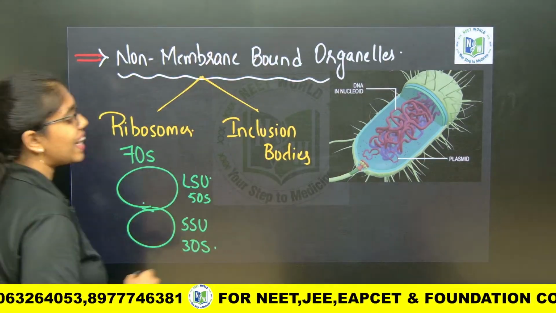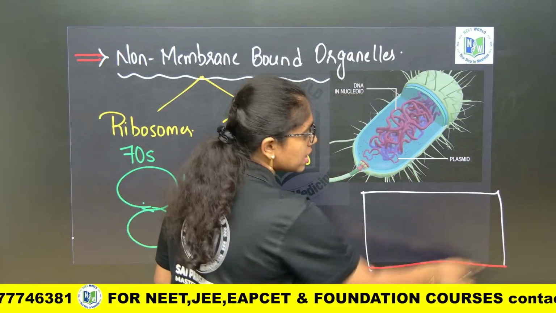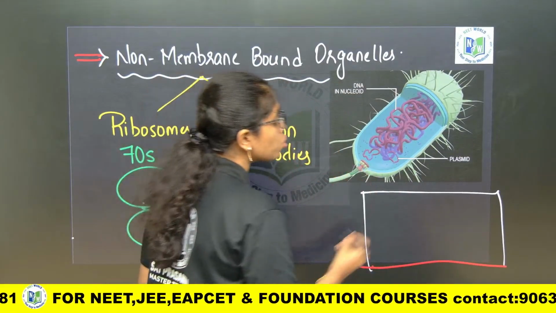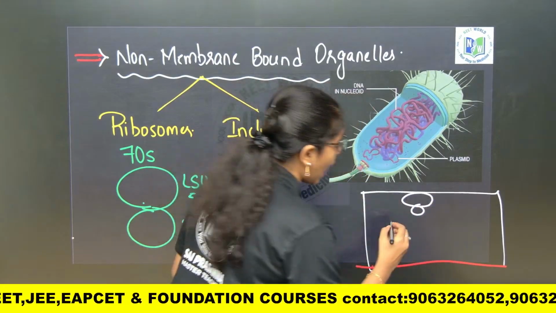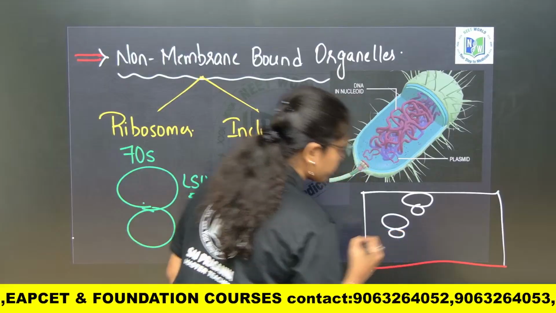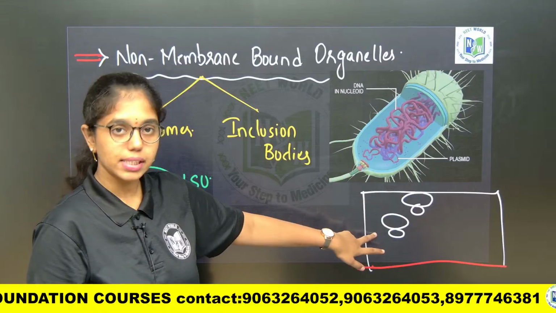Suppose this is a cell and this is the cell membrane. Ribosomes are present attached to the cell membrane and inside the cytoplasm.